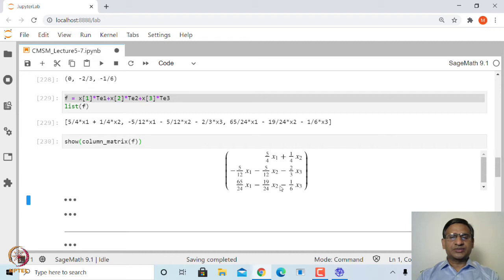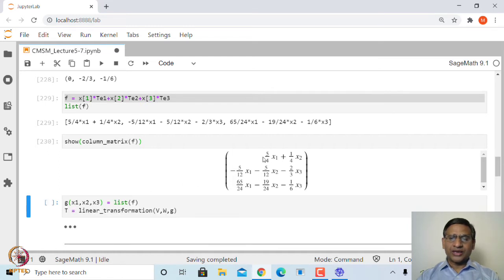Once we have found T explicitly, let us find out whether T of V1 is W1, T of V2 is W2. So how do we do that? First, let me declare a linear transformation with these as images.